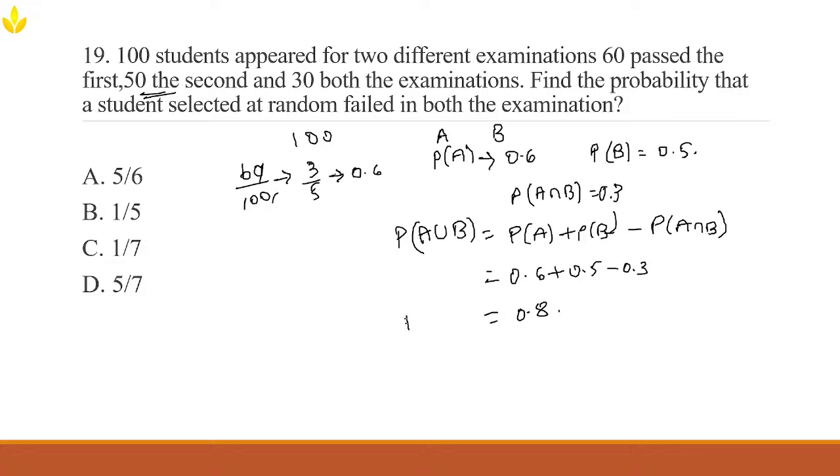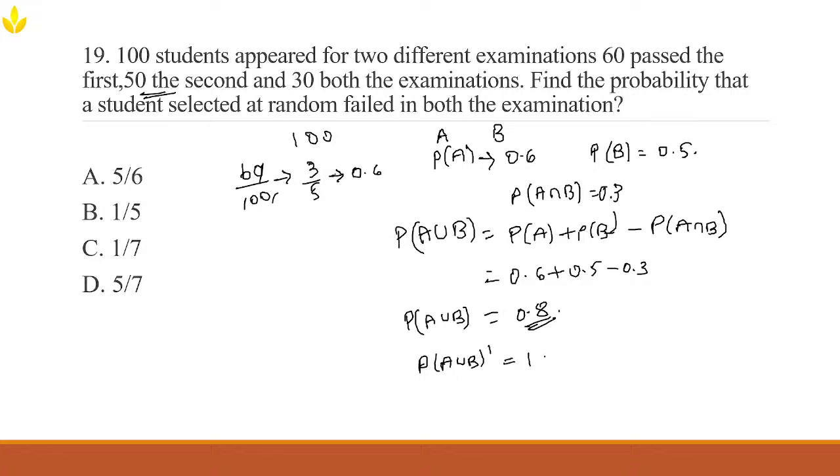So in general, the probability of students passing is equal to 0.8. In other words, to find out how many of them have failed, that is probability of (A union B) complement.